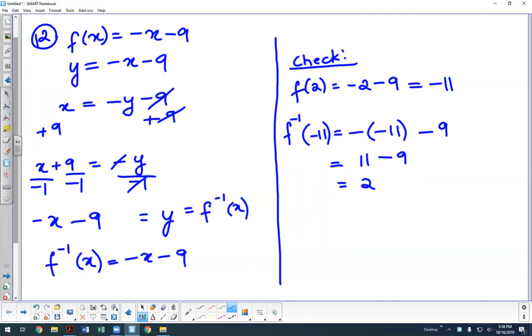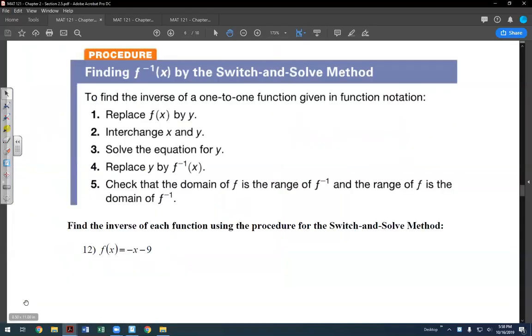So that's how you know the domain for the original function becomes the range for the inverse function, and the range for the original function becomes the domain of the inverse function. So that's how you can check if the domain and range will interchange or not. That's our process of using the switch and solve method to find the inverse function.